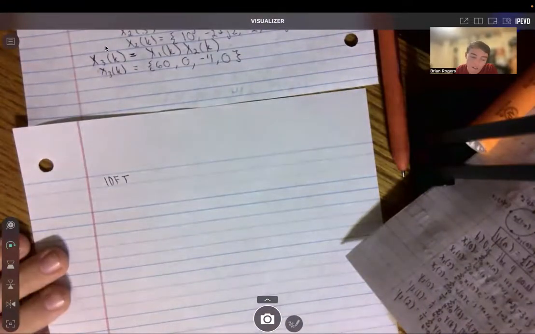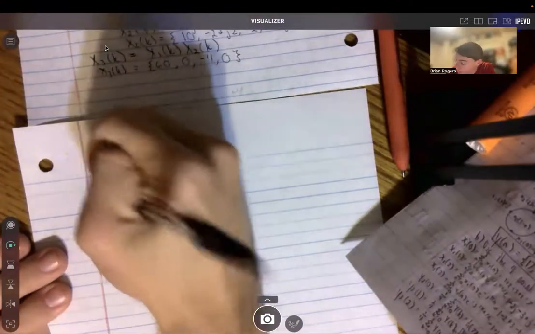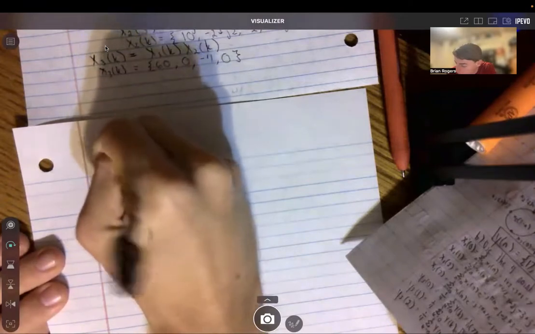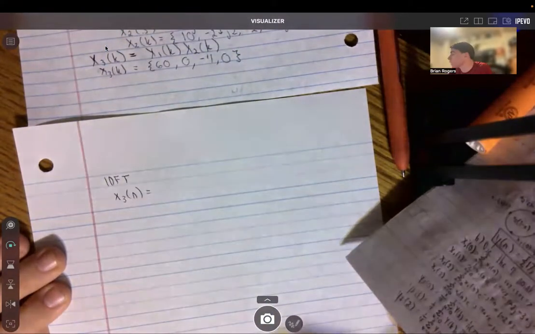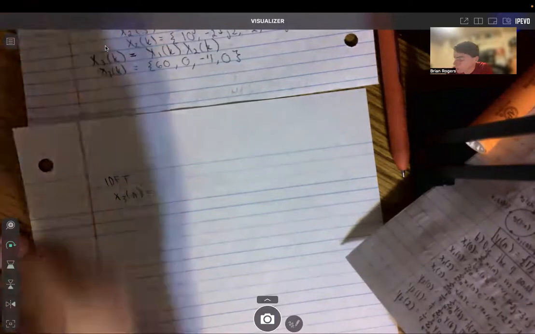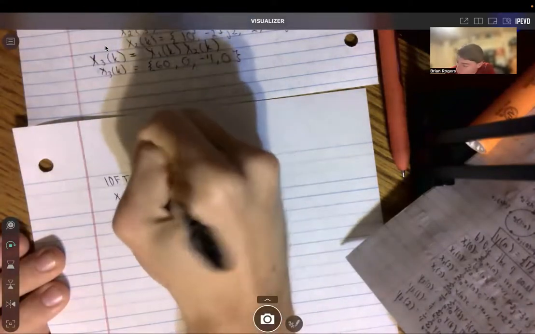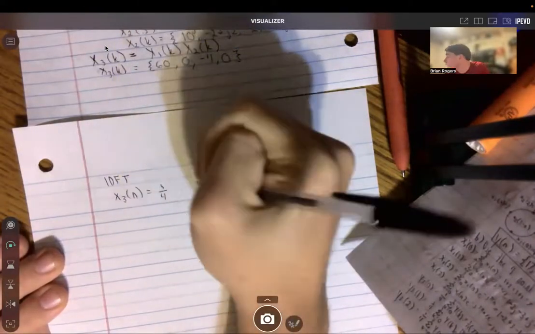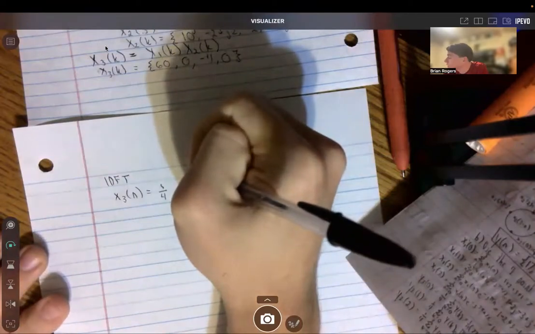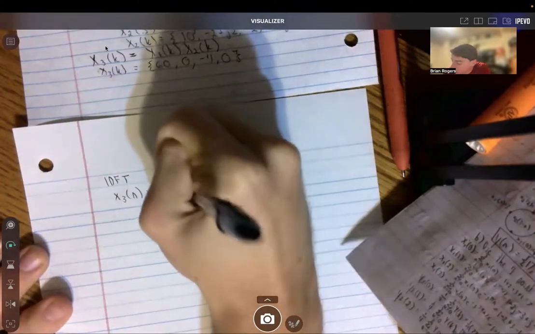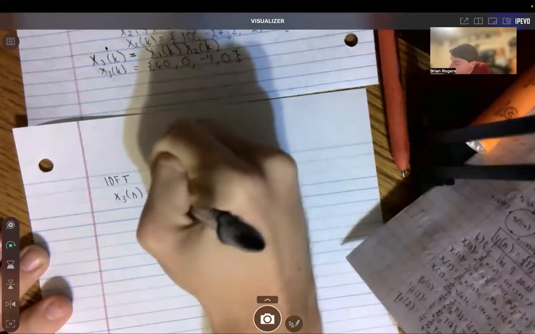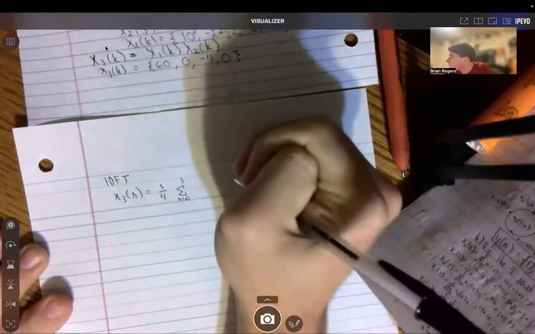And so that's what we're going to be using here. And so when we have our x3 of n is going to be equal to, looking at my formula, 1 over 4, because capital N equals 4. And then it's going to be the sum from n equals 0 all the way up to 3.